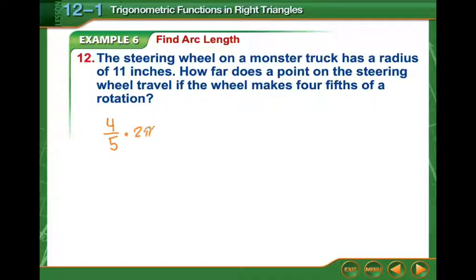Actually, we want to multiply it by 2 pi. Sorry. We want it in radians, right? Because the formula we're going to use for it is r theta, and theta has to be in radians. Otherwise you'll get a very, very large number that doesn't make sense. So we multiply this by 2 pi, which means 4 times 2 is 8, 8 pi over 5.